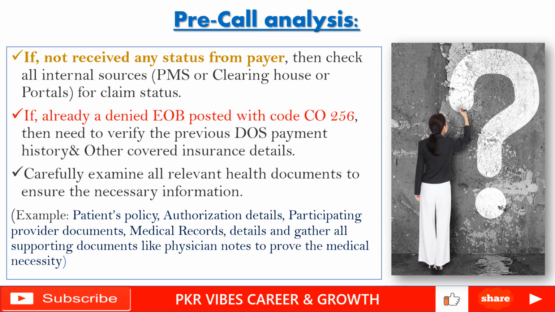For example, if previous claims got paid for the same doctor for the same kind of services from the same insurance, then we have to understand that we have to call the insurance. We should probe this information with the insurance representative over the phone call, and should reprocess the claim by stating the same information to the insurance representative.